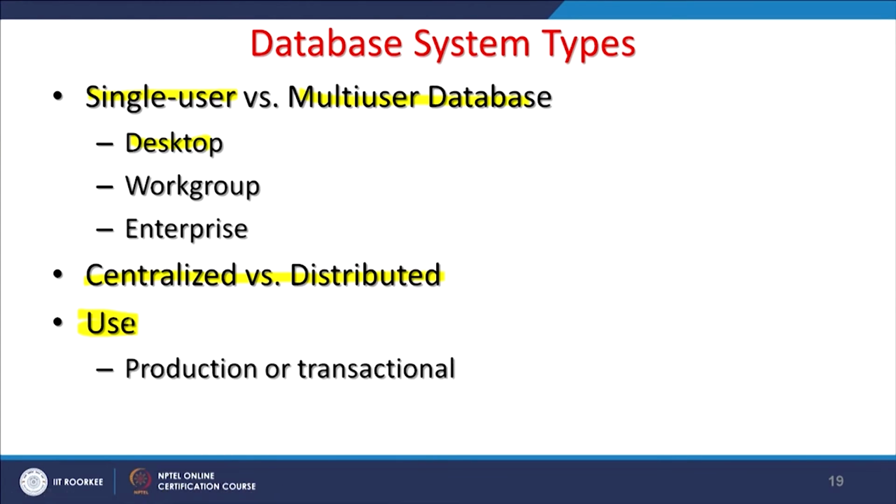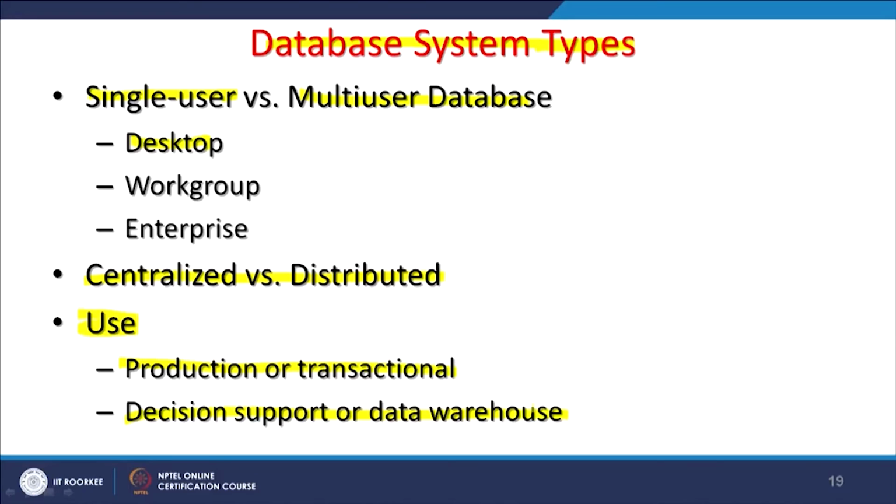Because the database type and system type will depend on all these parameters, and of course production or transactional, like banking, the State Bank of India site, that database is transactional, or some factory might have one, so it is production related. And decision support or data warehouses.